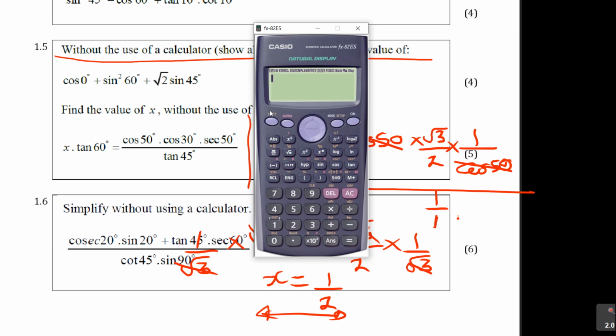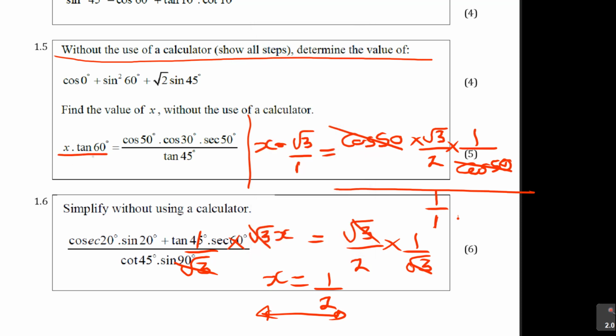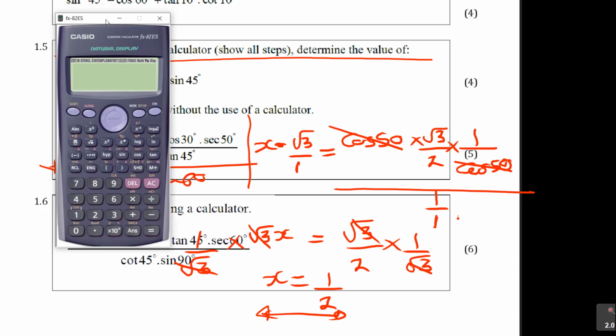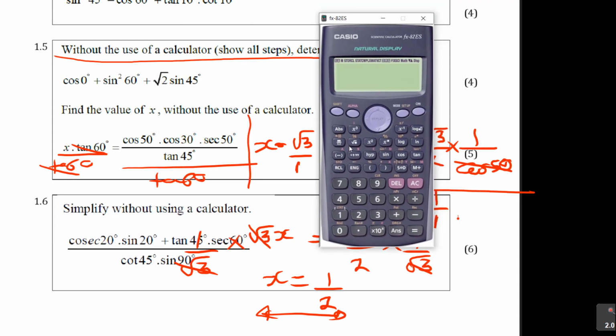Let me do this. Remember here, just to show you, I'll divide by 1060. Even here I'll divide by 1060. Alright, if I do that, then it can give me my answer straight away. Look at this, because I've got the left hand side and the right hand side. So my answer is supposed to be a half, by the way. So I do this fraction, cos 50, like we did, cos 50.